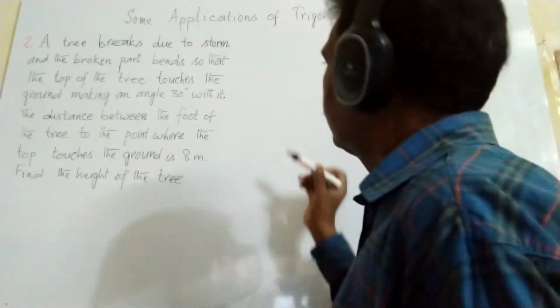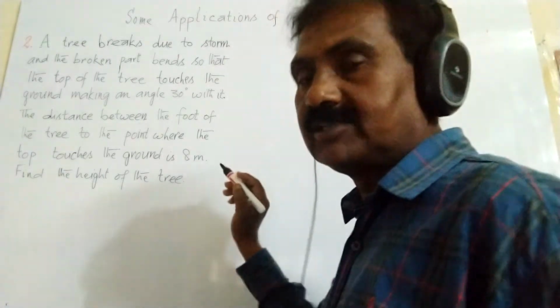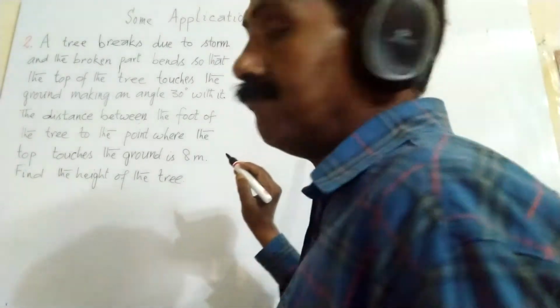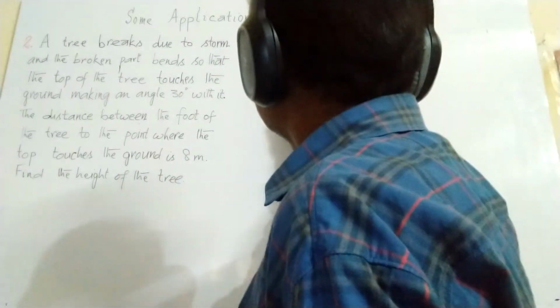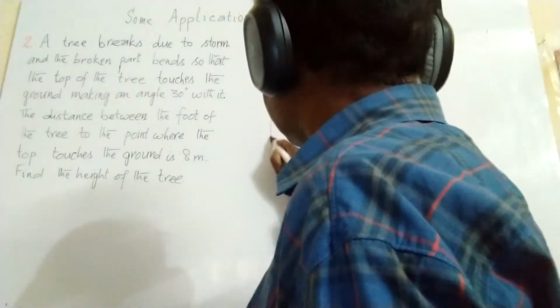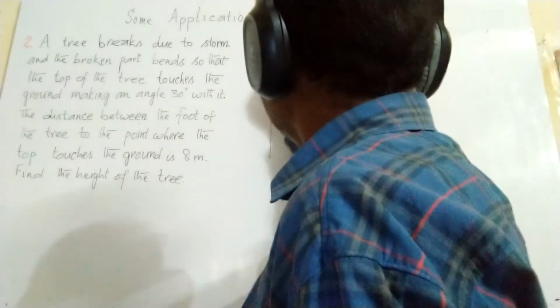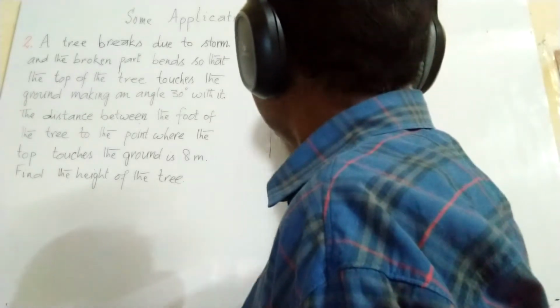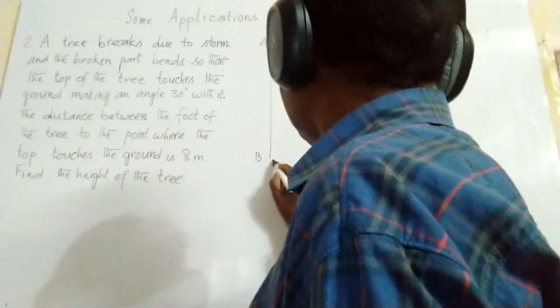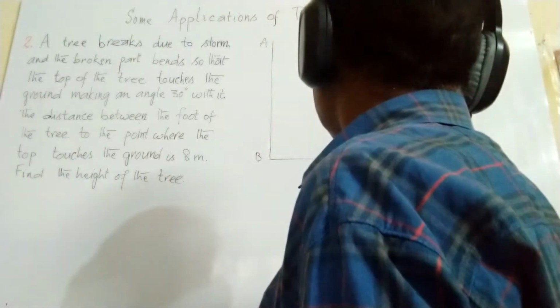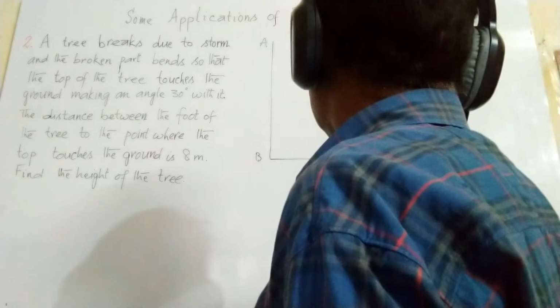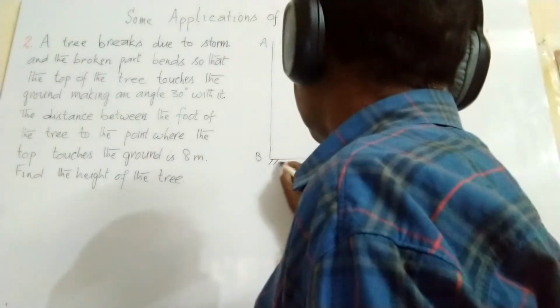Now let us see. At first, draw the figure. Say this is the tree. AB is the tree and BC is the ground.